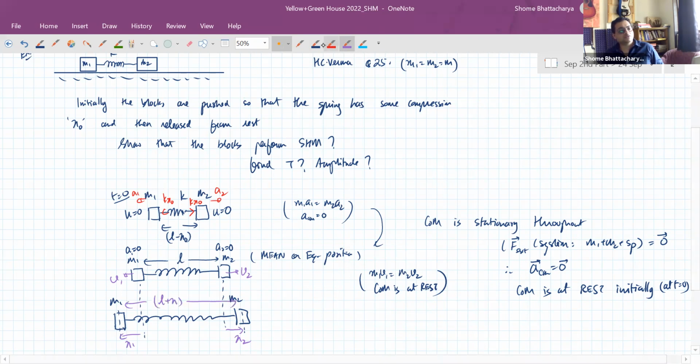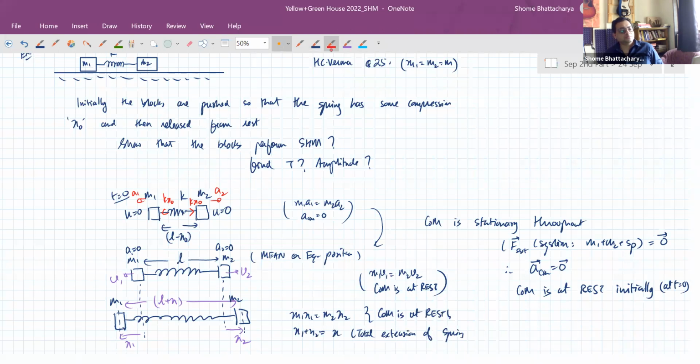Again, because the center of mass is at rest, m1 x1 will be equal to m2 x2. And x1 plus x2 is x, the total extension of the spring.